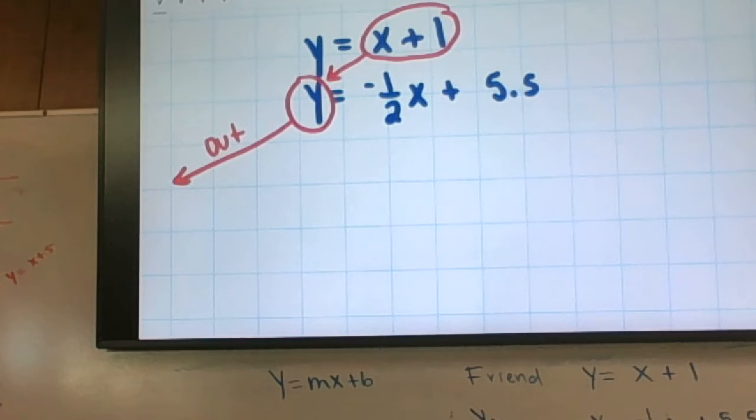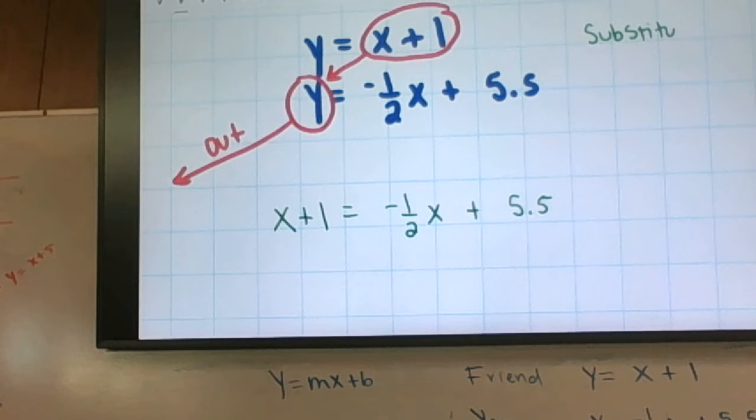So I'm writing a new equation. It'll be x plus 1 in the y spot, negative 1 half x plus 5.5. That's substituting. And then you solve this equation. So your steps might be different from mine.